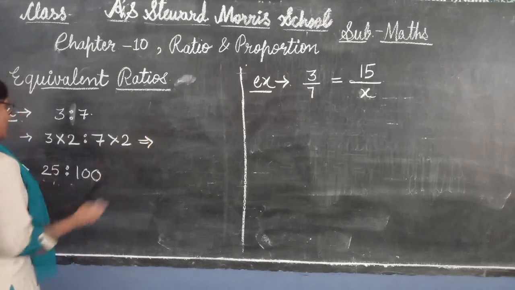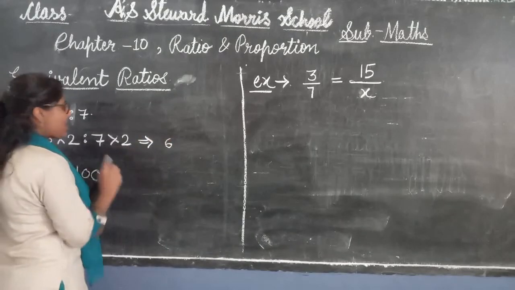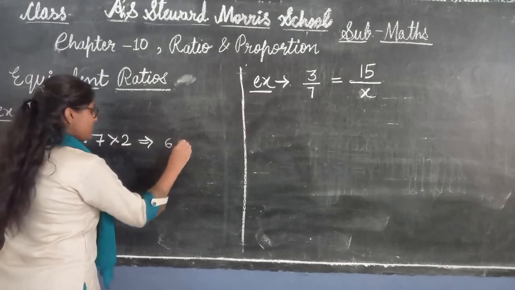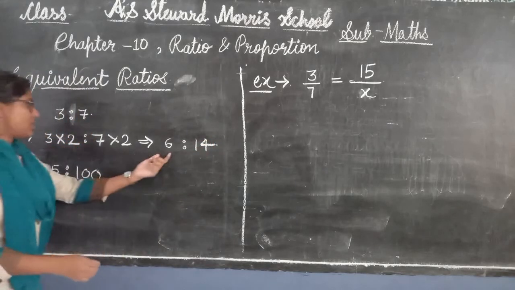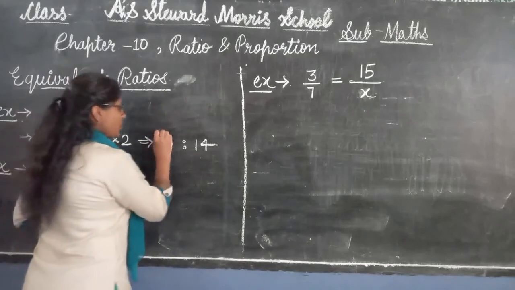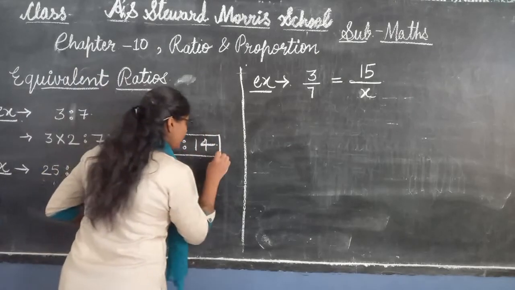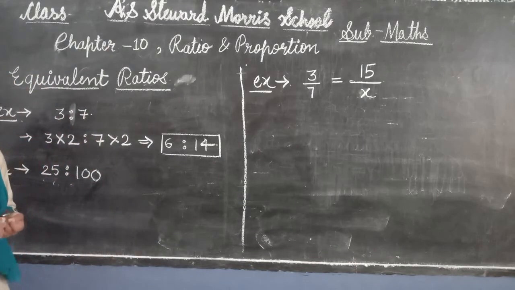Now, what is your new ratio? That is 3 multiplied by 2 is 6 and 7 multiplied by 2 is 14. So this is your new ratio and you can say this is your equivalent ratio. Now ratio is always expressed in the simplest form.